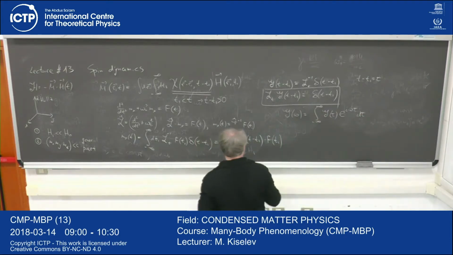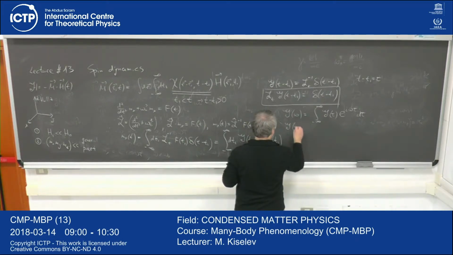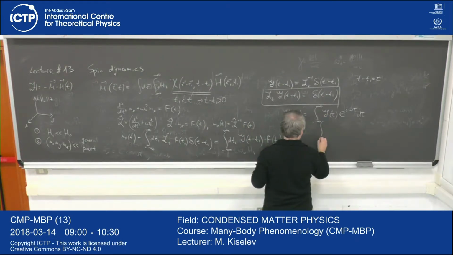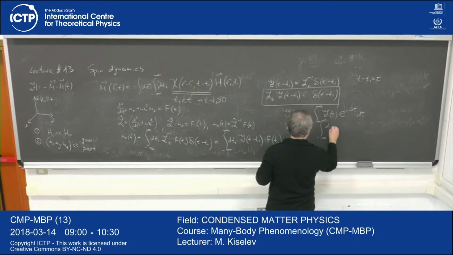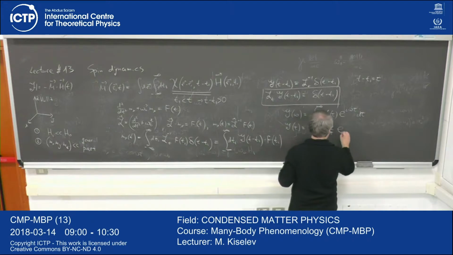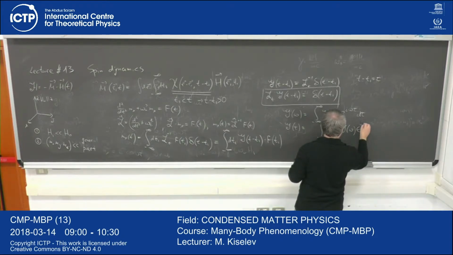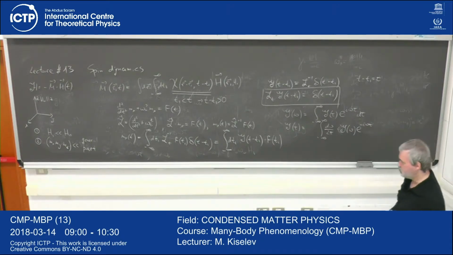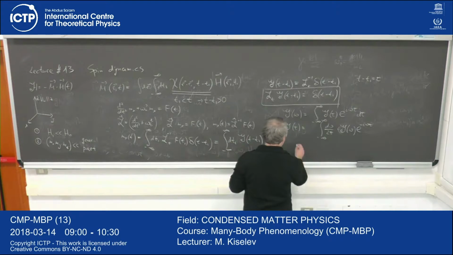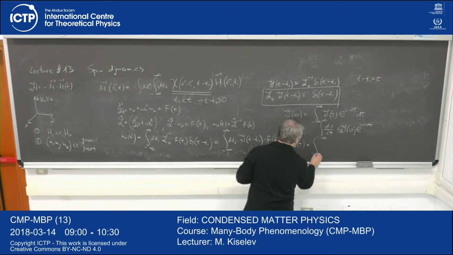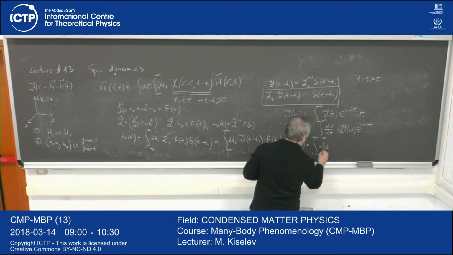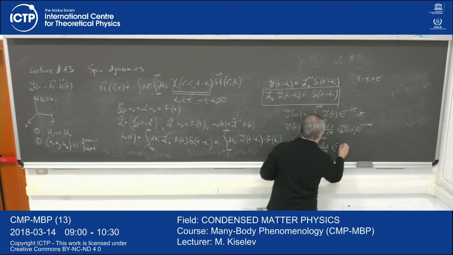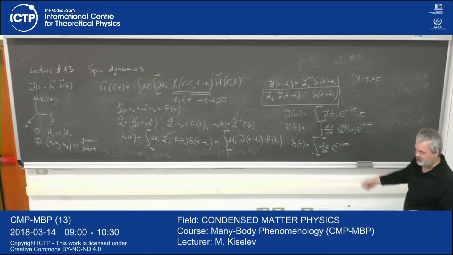The inverse transformation reads that g(tau) is equal to the integral from minus infinity to infinity d omega over 2 pi g(omega) e to the power minus i omega tau. And I use the fact that the delta function of tau is just the integral from minus infinity to infinity d omega over 2 pi e to the power minus i omega tau. So this is a representation of the delta function.